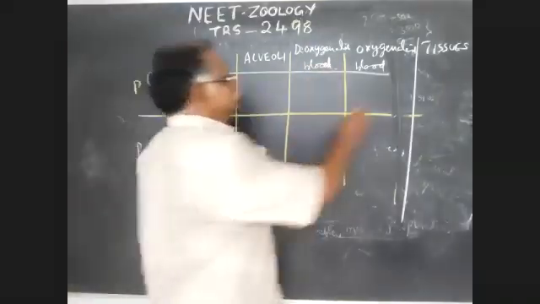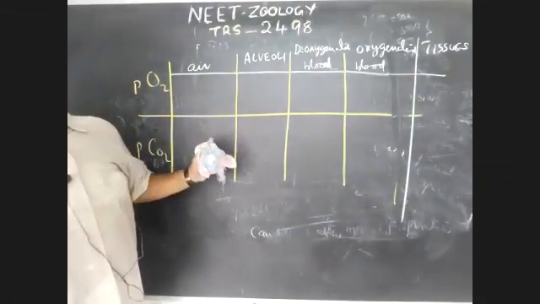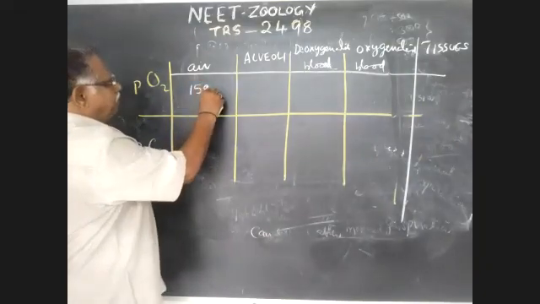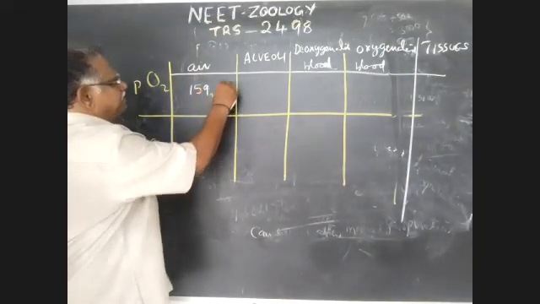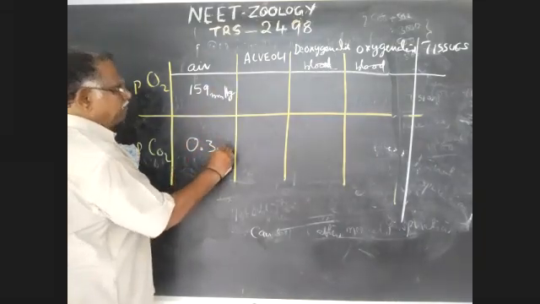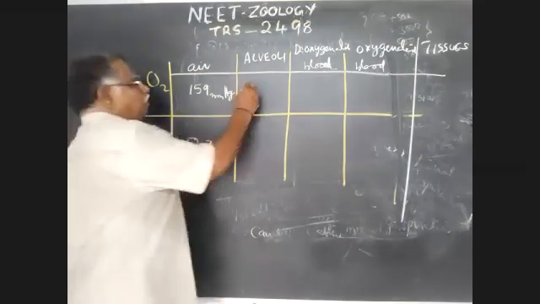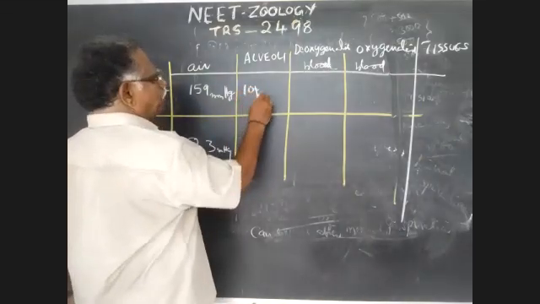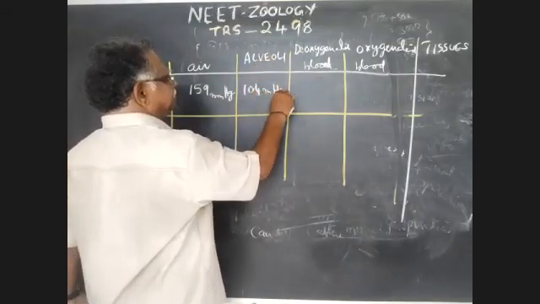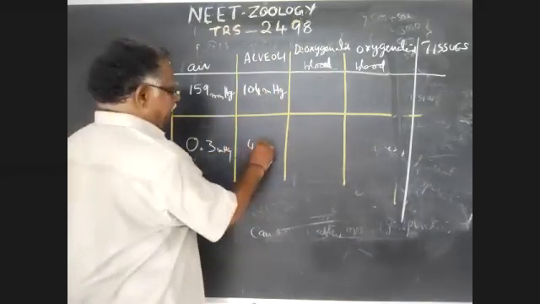Like that, PCO2. In the atmospheric air, PO2 is estimated at 159 mmHg, carbon dioxide 0.3 mmHg. In alveoli, PO2 is 104 mmHg, and PCO2 is estimated 40.